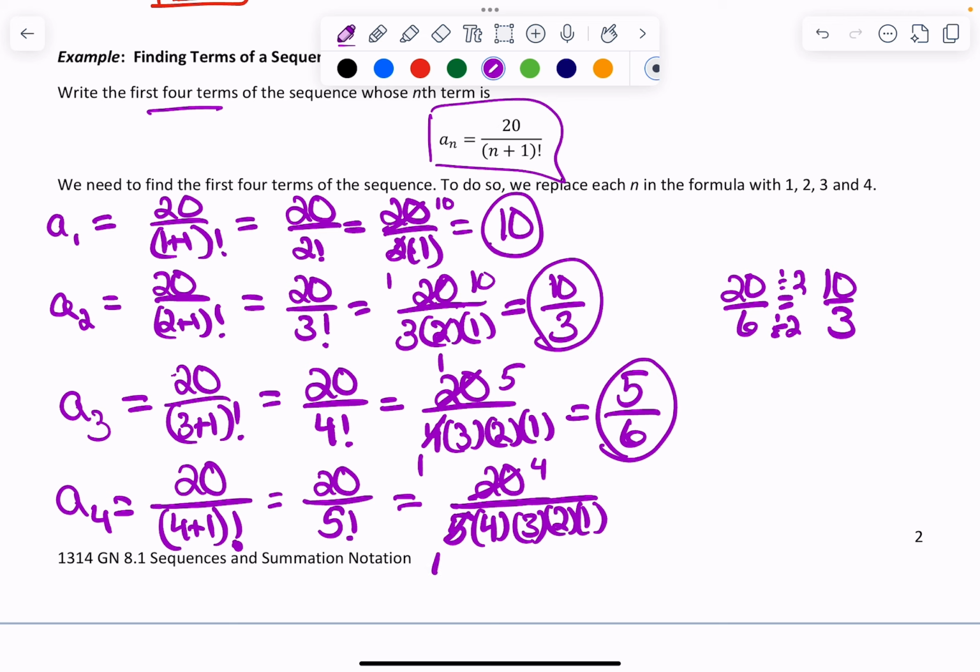Well, we have a 4 on the denominator, so we can divide by 4 again. 4 divided by 4 is 1, and 4 divided by 4 is 1. So our numerator is going to be 1, and our denominator, 1 times 1 times 3 times 2 times 1 is 6. Gets a lot easier than doing the 5 times 4 times 3 times 2 times 1, and then simplifying.